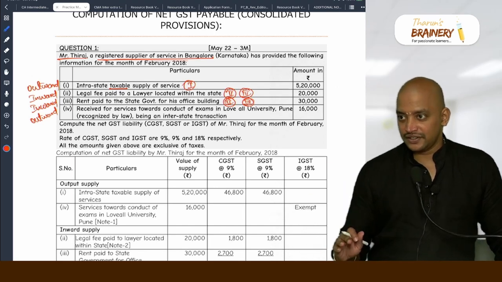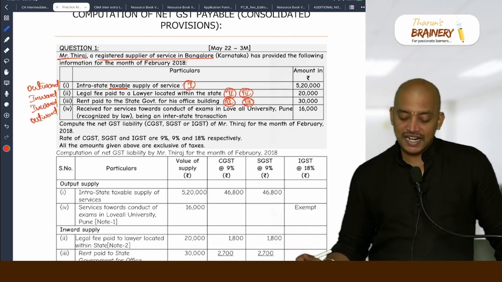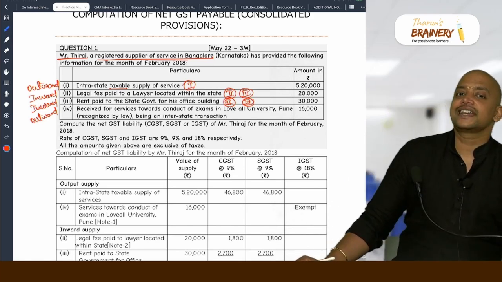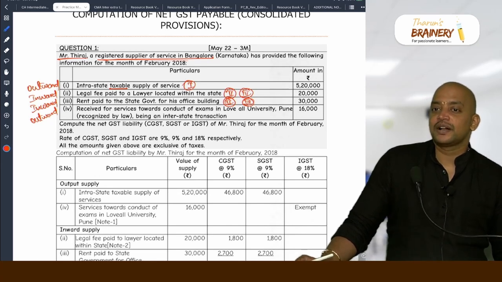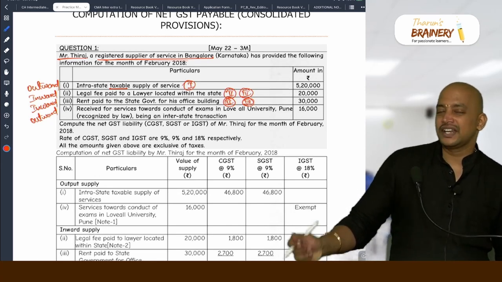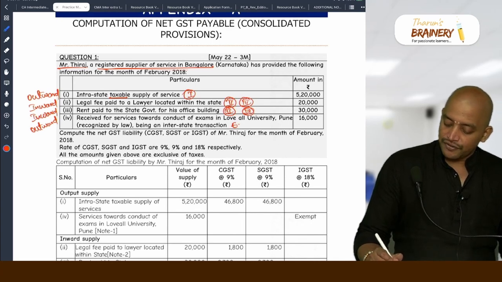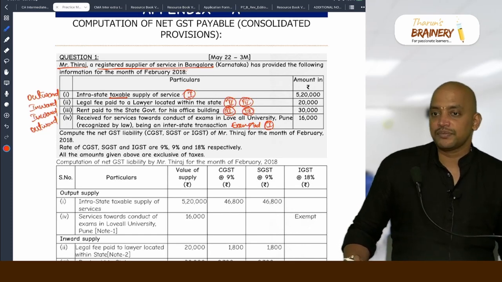First outward only, no? Thereafter it is exempted. So services provided by way of conduct of examination, all 3 category institutions it is exempted. So Laval University will come under category 2. So category 1 or 2 or 3, in all cases it will be exempted. So therefore it is exempted. Just we write the note in the first one, but we don't have to take the liability. Okay.